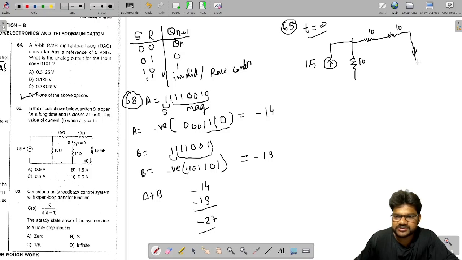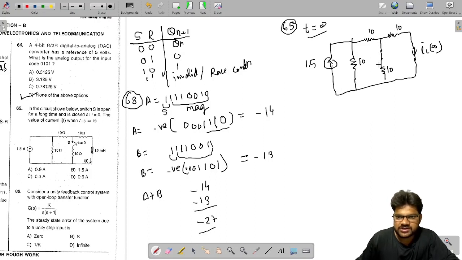So let's make this inductor a short circuit, and the current flowing, let's call it IL infinity. After that the switch will be closed, and another 10 ohm resistor is connected. So this is the complete circuit at t equals infinity.